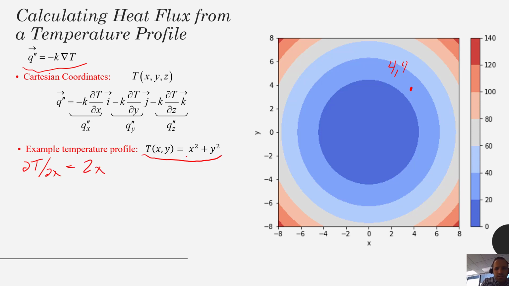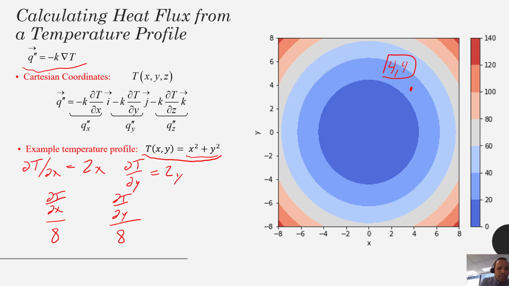We just take the derivative of this equation with respect to x, and then conveniently dT/dy is equal to 2y. Then we would plug in numbers. We would get dT/dx at this point (4, 4) is equal to 8, and dT/dy at that same point is also equal to 8.